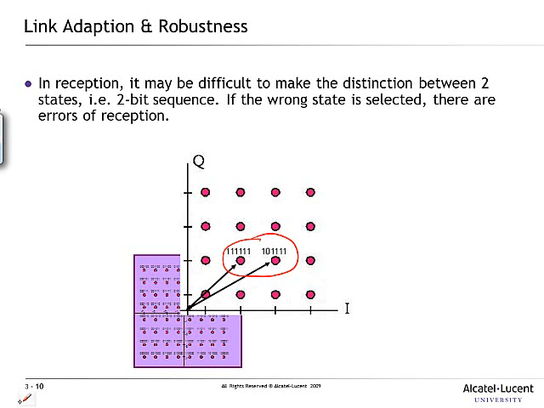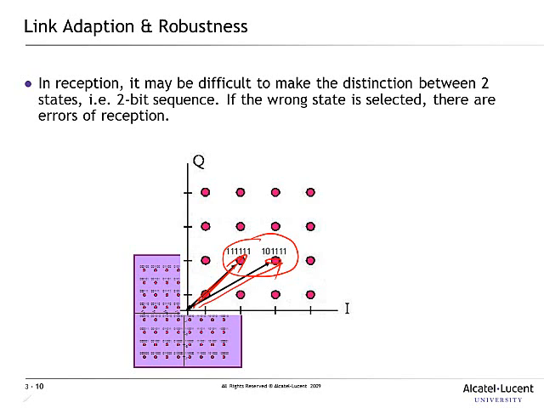This might be the phasor that you are transmitting, but because of noise on the wireless transmission, the amplitude and the phase of the signal could be changed, and what you might receive is this.